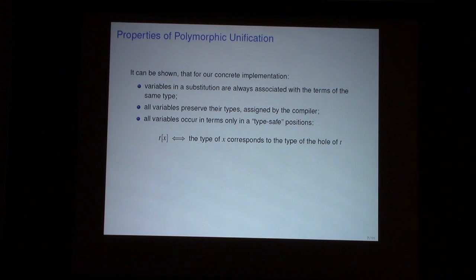And it should work and should be correct when variables in a substitution are always substituted with terms of the same type. I mean, when we substitute a variable into a term of type t, it can later be substituted into another term, but this other term should also have this type t.